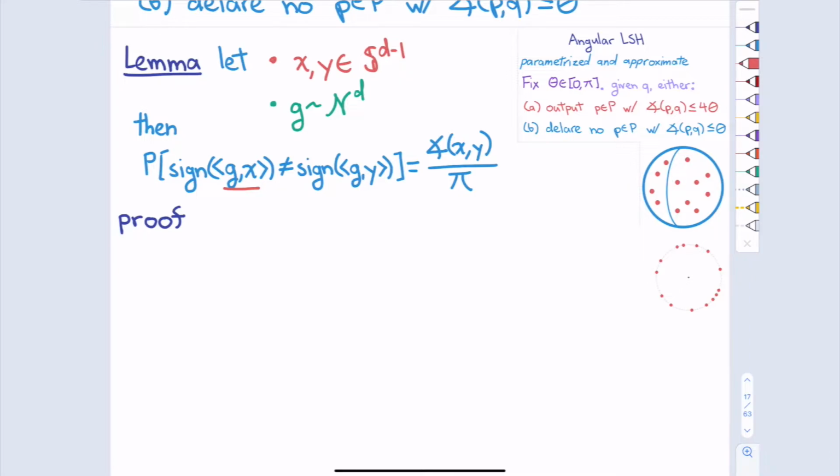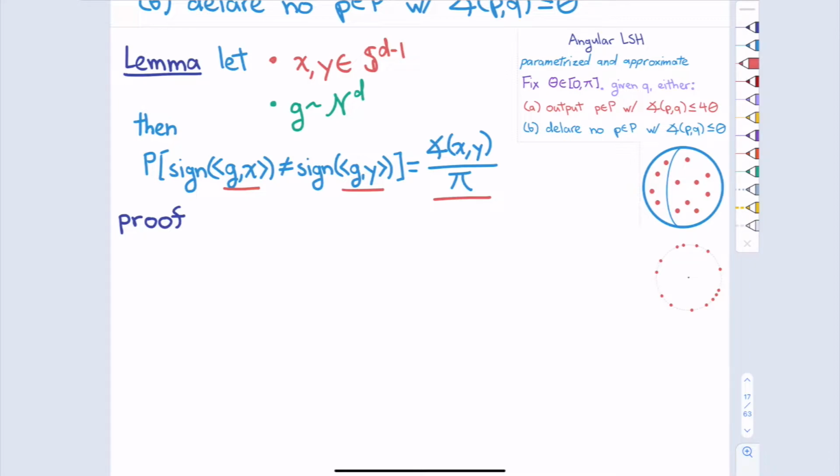And the claim here is that the probability that the signs of 2 points, when projected against a random Gaussian, are not equal is proportional to their angle over pi. So what does that say? The further apart they are in angle, the more likely their signs are different and they're in a different bucket.